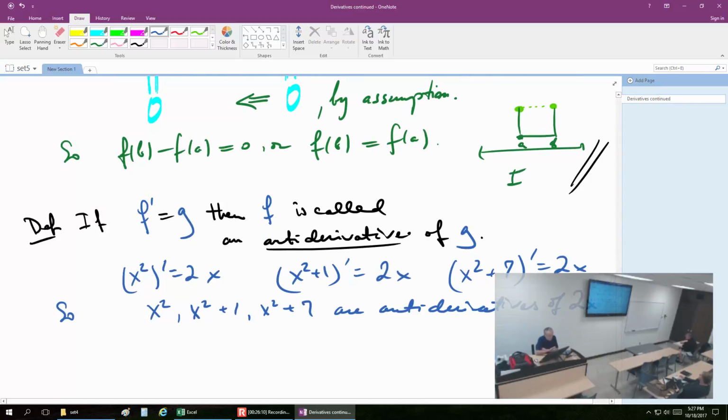So do you see more antiderivatives of 2x? Give me a few, or all of them if you can. So are there more?